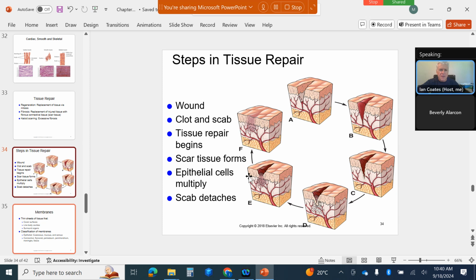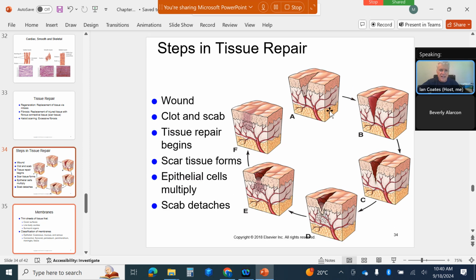Steps in tissue repair. Okay, the initial cut is there, and you see a blood vessel has been nicked. There's the wound. Then all of a sudden, the blood starts rushing out, and within the blood there are the platelets, and you'll see that the body tissue starts to repair itself. And you think that when you have an infection, there's swelling, right?